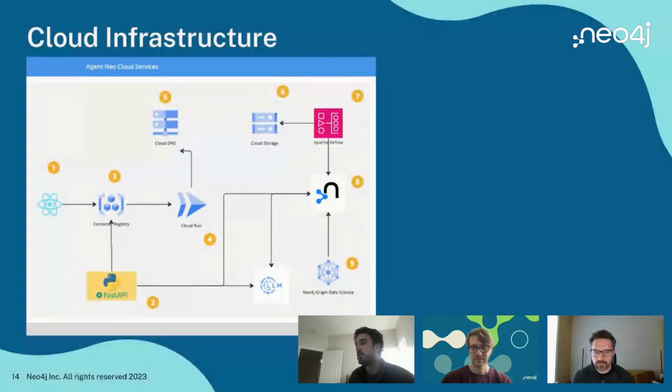These are the core cloud services that we used when we actually got everything deployed into the cloud. So we started off by refactoring our Streamlit front end code into React code, right? We took our Python code that we initially used to build the UI, that's what Streamlit's written in, like Alex said, and we moved that over to TypeScript and React.